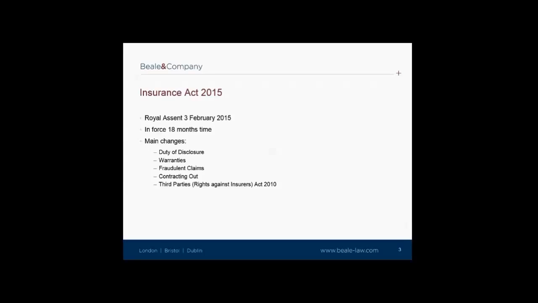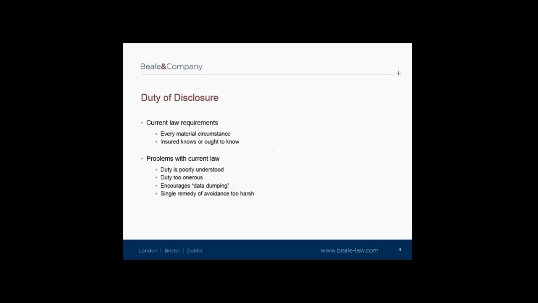The Insurance Act will lead to reform in areas such as disclosure in business insurance, warranties and remedies for fraudulent claims. The Act targets the following areas: duty of disclosure, warranties, fraudulent claims, contracting out, and third parties' rights against insurers Act 2010.